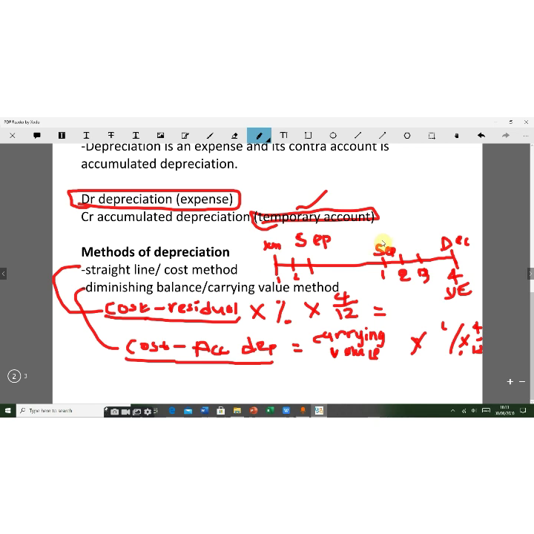So let's look at an example where the financial period started from 1 January and ended on 31 December. And then the vehicle was bought on 1 September, the 1st of September.